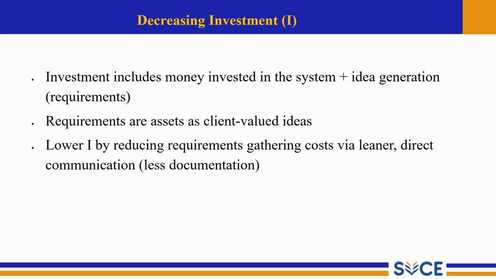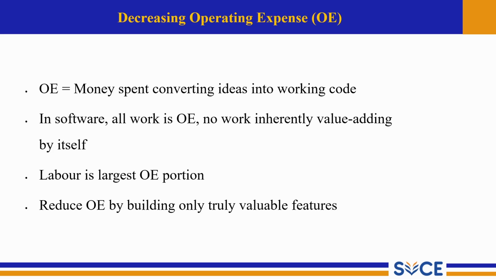Lower the investment by reducing requirements gathering cost via direct communication. Direct communication needs less documentation. And the operating expense is equal to money spent converting ideas into working code.